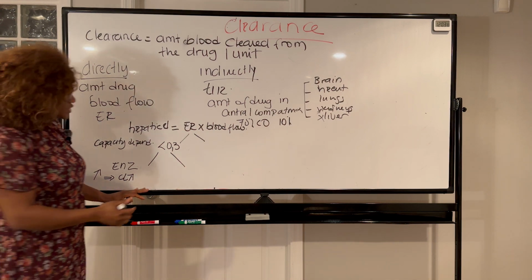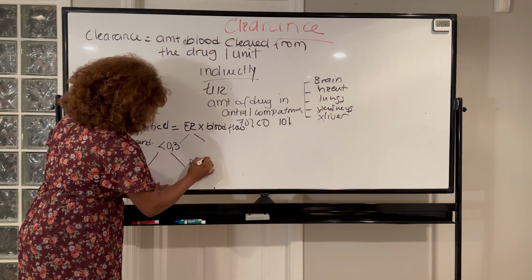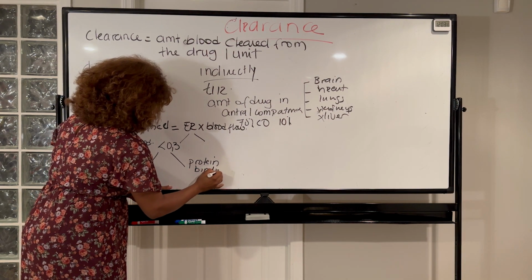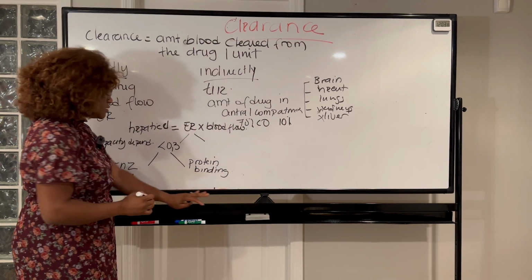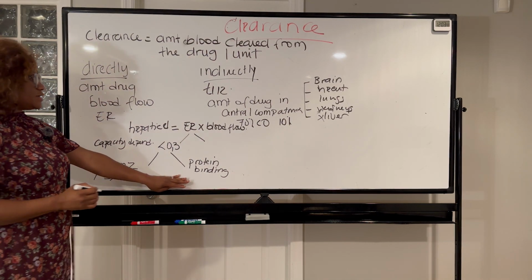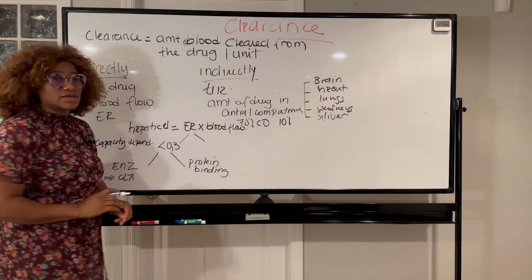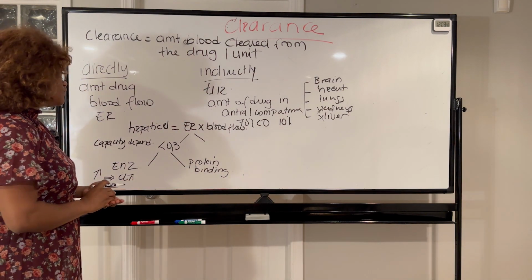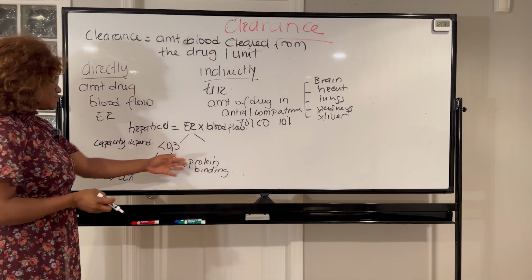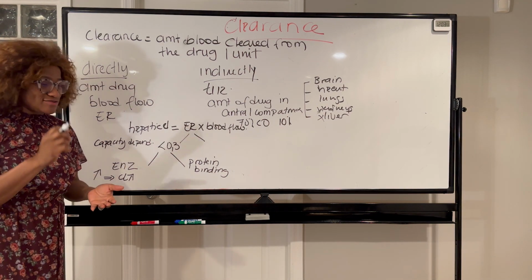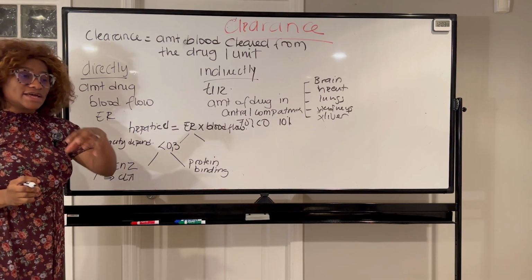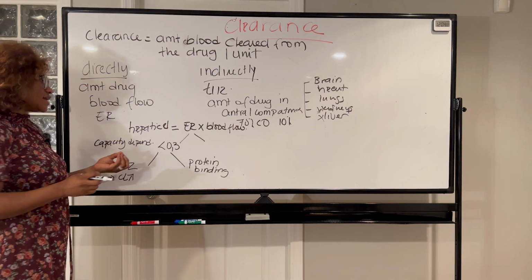And the other one is going to be the protein binding. Now, this is going to be inversely proportional to the clearance. Let's think about it. If we have a strong protein binding, the drug is not getting extracted, because the drug is stuck to the protein, and it's the unbound portion that gets picked up by the hepatocyte.